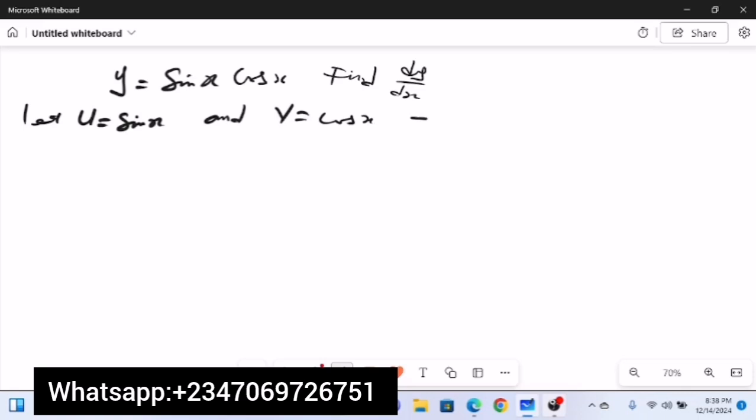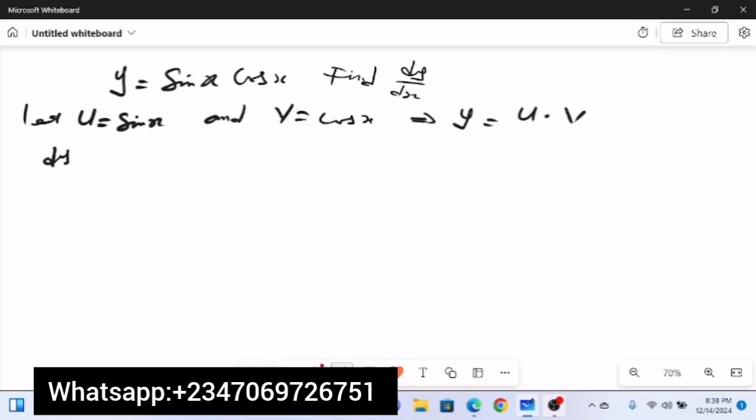If this happens, this simply now implies that y itself is equal to, in place of sine x we call that u, times in place of cos x we call that v. So you see now that this is a product of two functions, which means we are going to be employing the product rule. Now, without setting the formulas, let's simply solve it together, right?